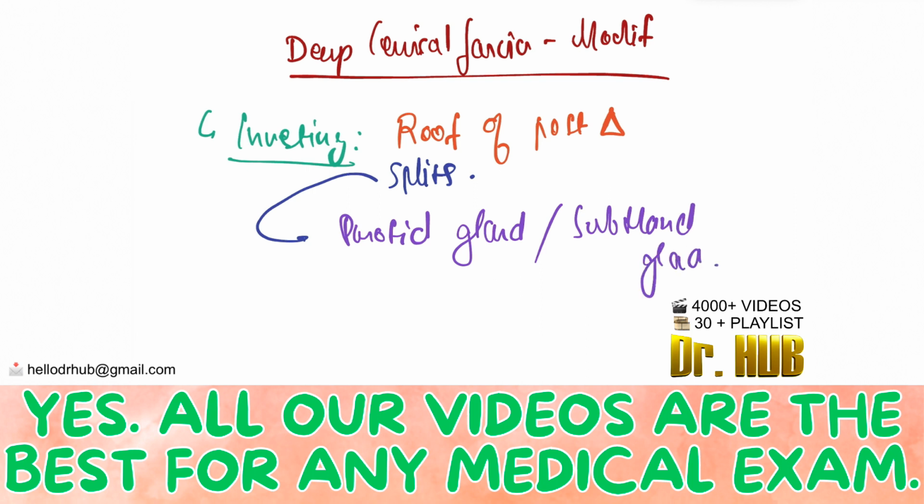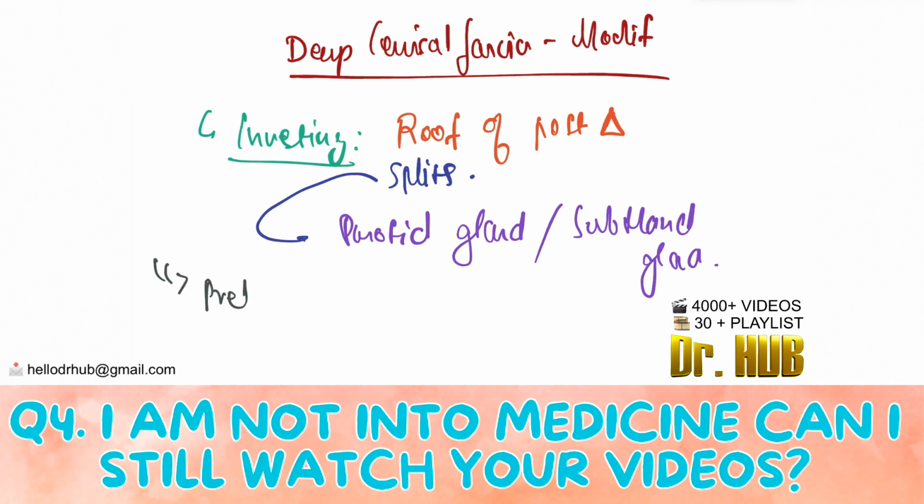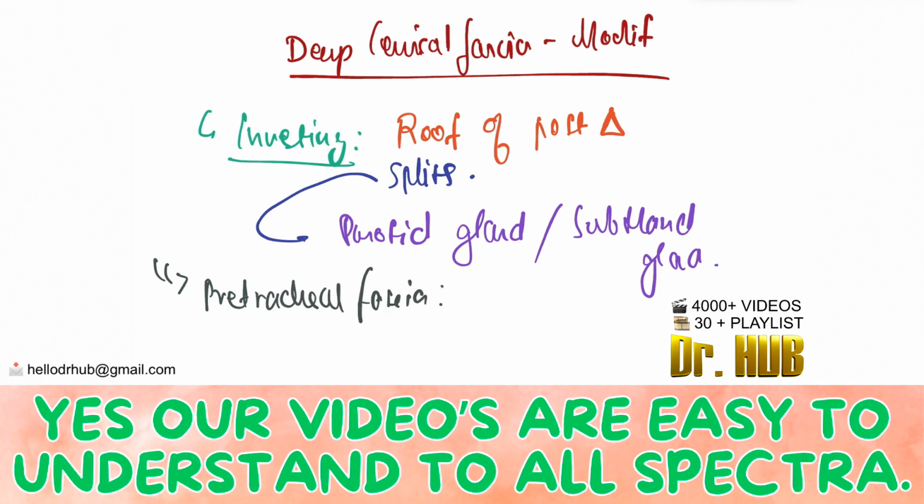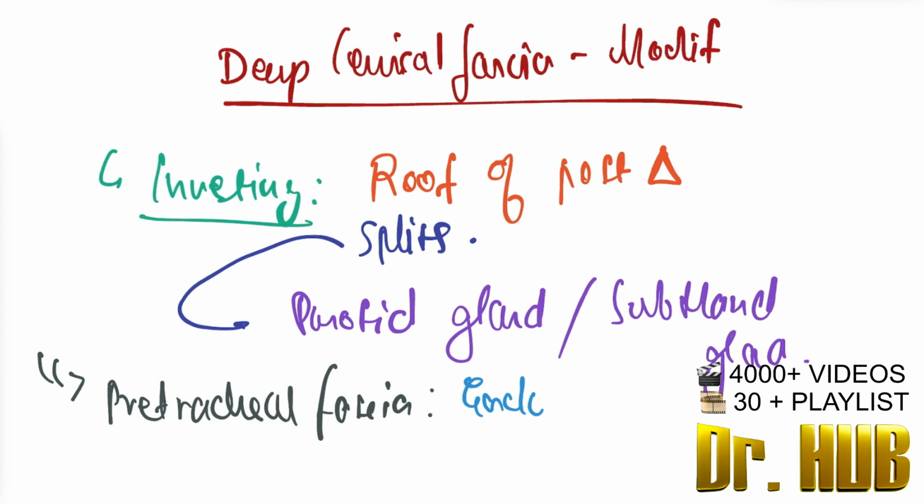Next we are going to look at the pretracheal fascia. The pretracheal fascia splits to enclose the thyroid gland, forming a false capsule.